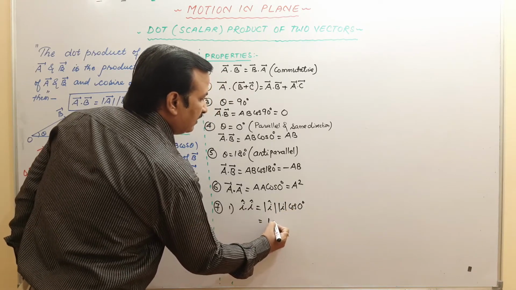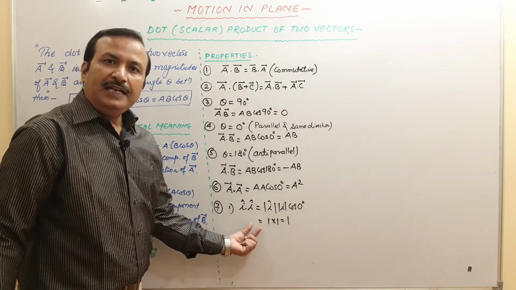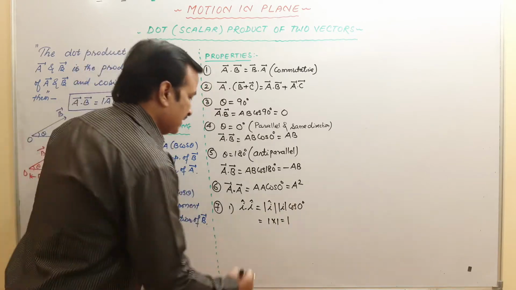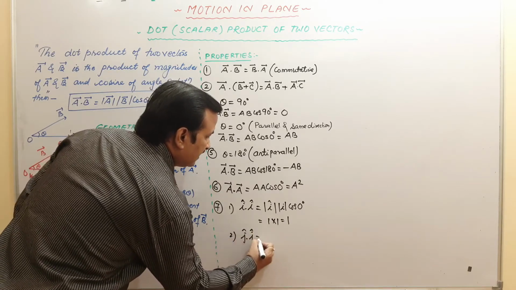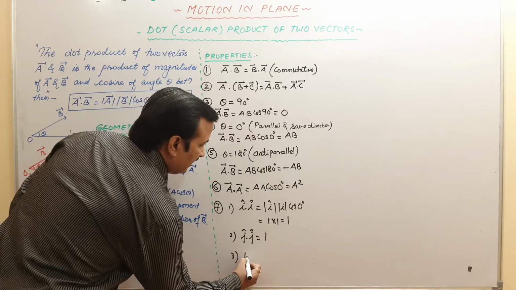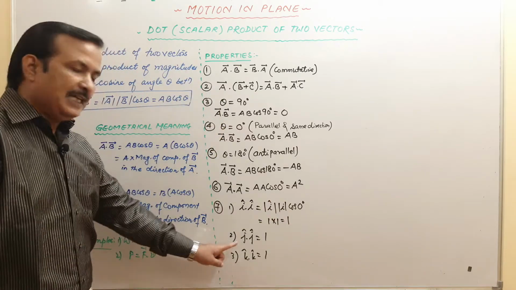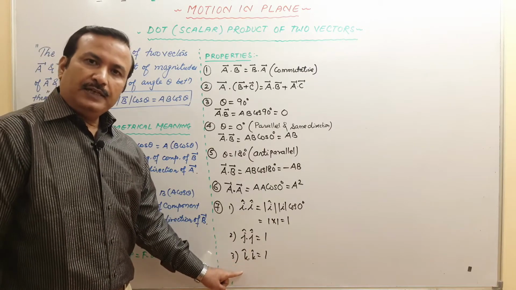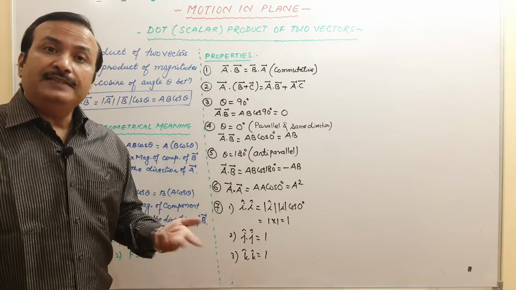Magnitude कितना होता है? 1 into 1 will give you 1. I dot I is 1. Similarly, j dot j is equal to 1, k dot k is equal to 1, क्योंकि इनके बीच का एंगल कितना होगा, 0 डिग्री.